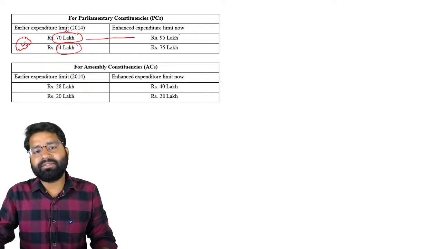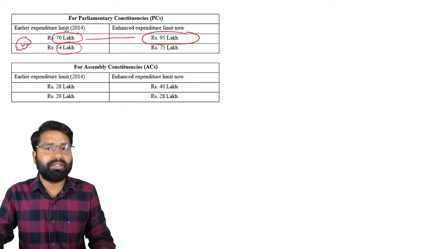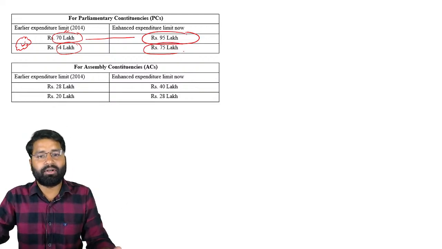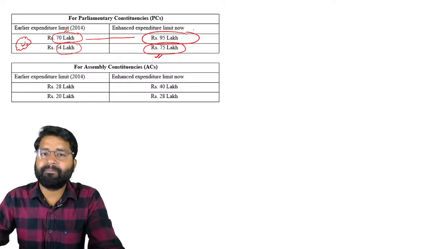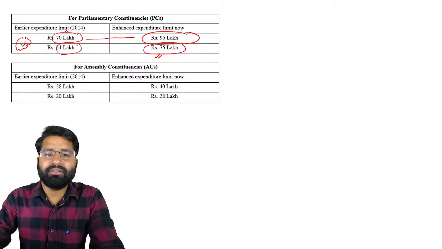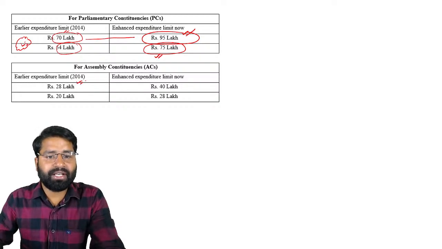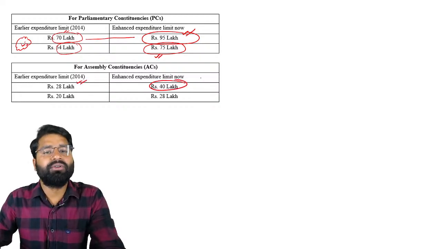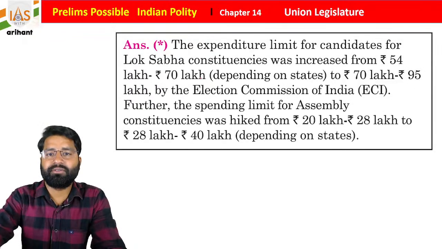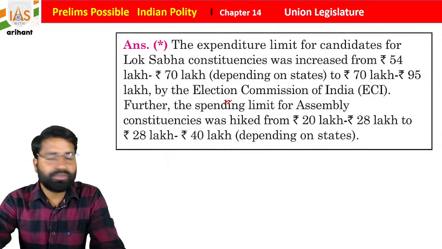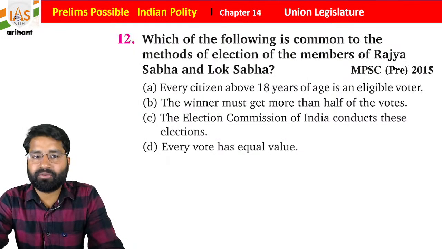Now it is increased up to 95 lakh for the bigger state or bigger constituency, and 75 lakh for the smaller state. But simply, you must remember the maximum limit is 95 lakh. And for the state legislative assembly, students, it is now 40 lakh. Initially it was 28 lakh. So we already discussed the same. You must remember this data for your examination.